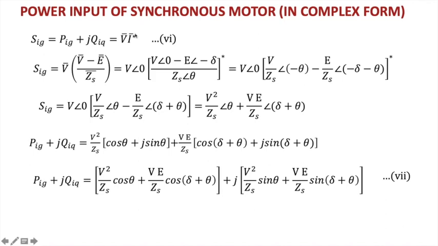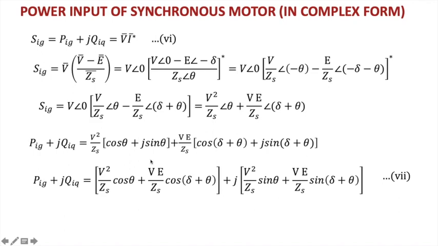That's the reason we take the conjugate of the current, so that we get the actual phasor difference between the voltage and the current. So now just substitute the values with respect to angles and find V into I conjugate. Then substitute the value of I conjugate and get the total power, then convert it into rectangular form.